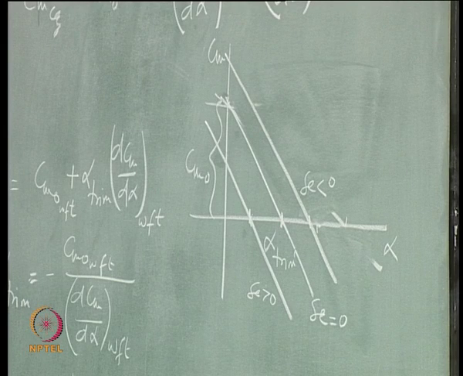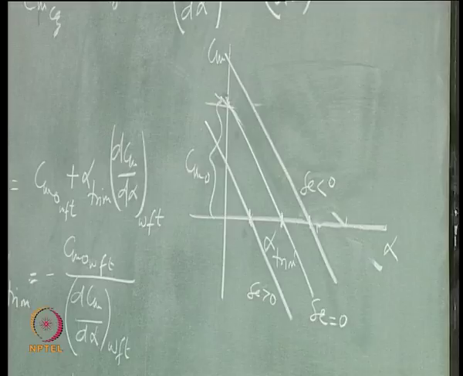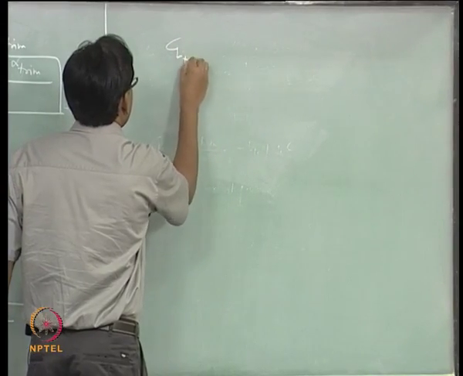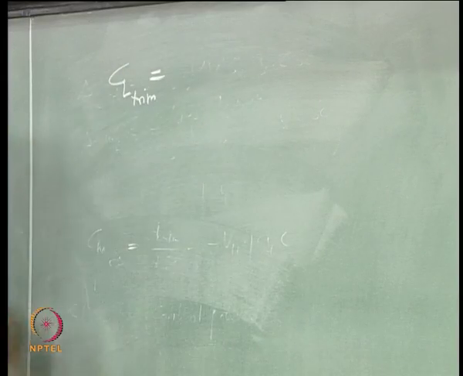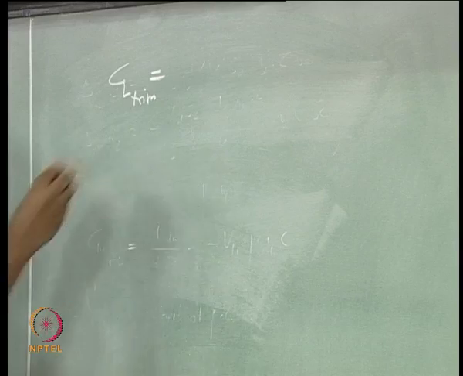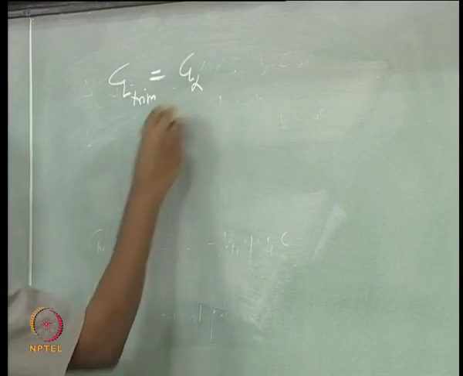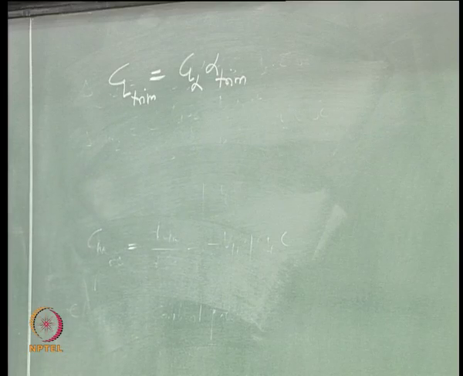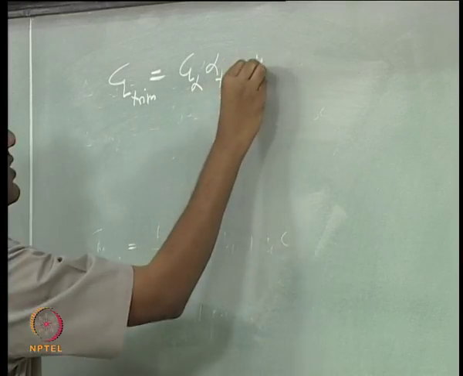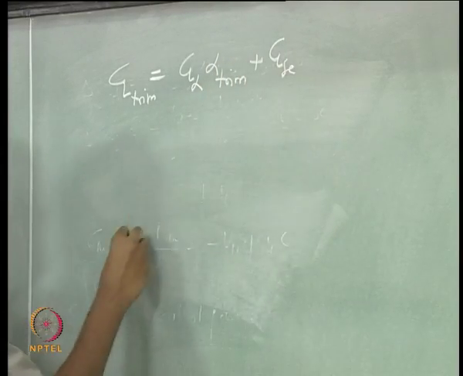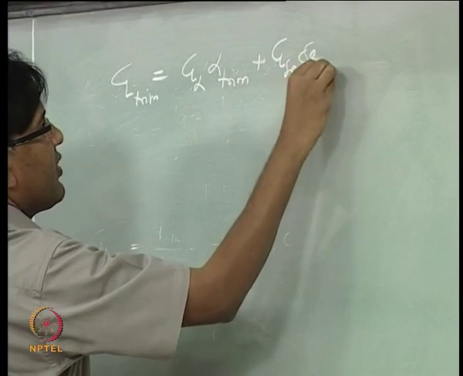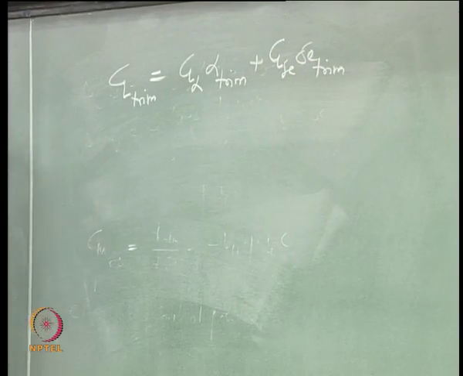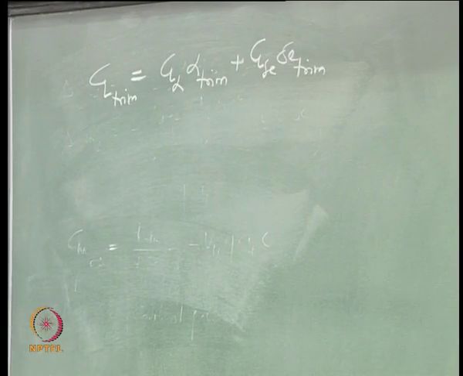Let me write another expression. So, I can also write CL trim, right. CL trim is CL alpha into alpha trim, where this CL alpha is for the whole aircraft, plus the elevator contribution. Okay.